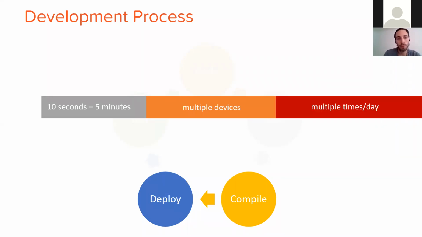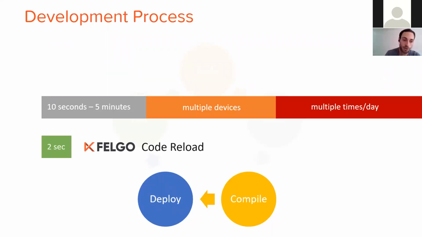So that's why we created a solution for this problem called Felgo Code Reload, which brings down the deployment steps to just 2 seconds and allows it to have the source code and the application deployed on multiple devices simultaneously. So how does this work actually?